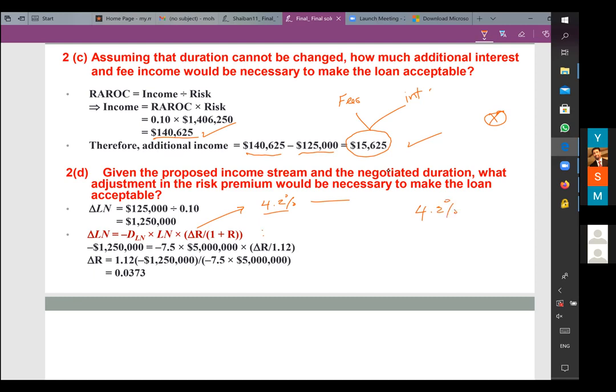But if I solve for it, if I can accept 3.73% as risk for this customer, then I can accept the loan. And if we calculate now according to this one, I can accept the loan.